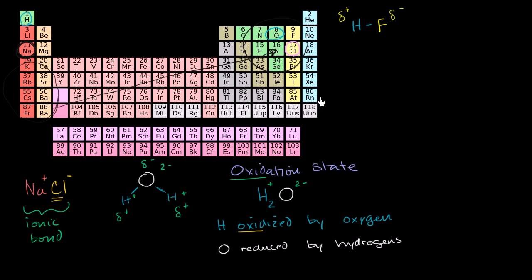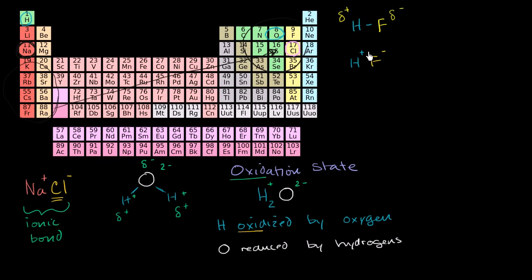But if we were going to think about it in terms of oxidation states, we would say, okay, when push comes to shove, if this had to be an ionic bond and not a covalent bond, what would be the charges on each of these atoms? In that case, hydrogen would lose an electron and have a full positive charge, and fluorine would gain an electron and have a full negative charge.